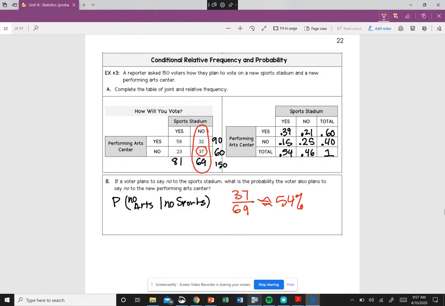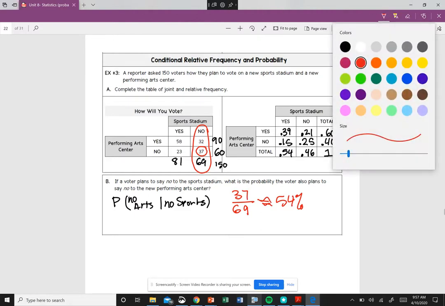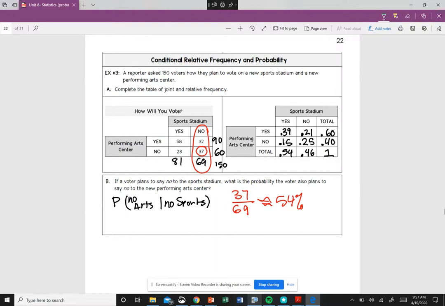Okay, so let's look at the other one. And remember, we do have rounding error in this because we rounded. So this is saying they said no to the sports. What's the probability they say no to fine arts? Oh, wait, that's yes to fine arts. 0.25 out of 0.46.